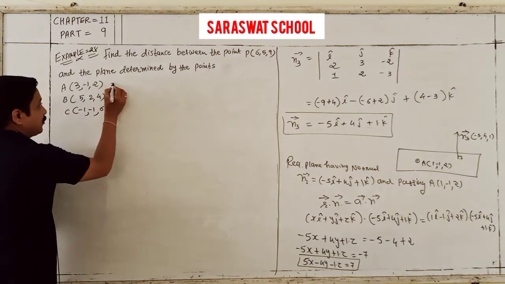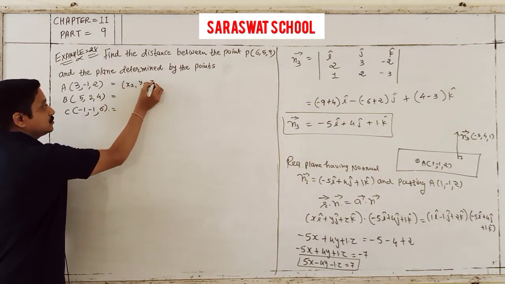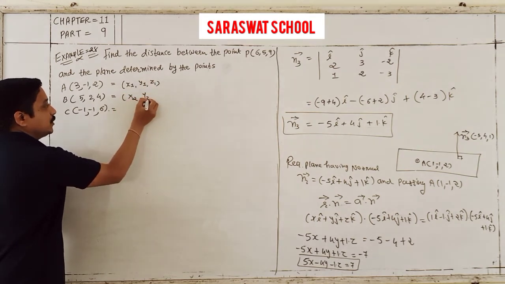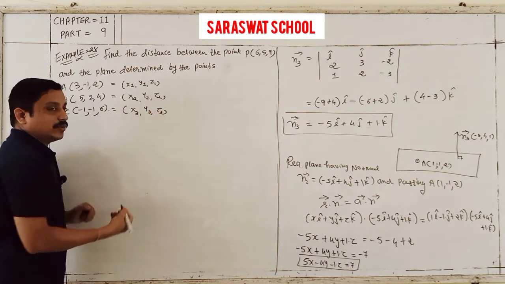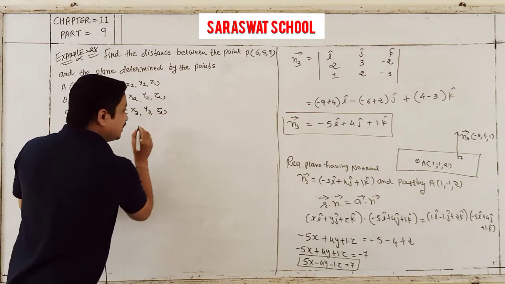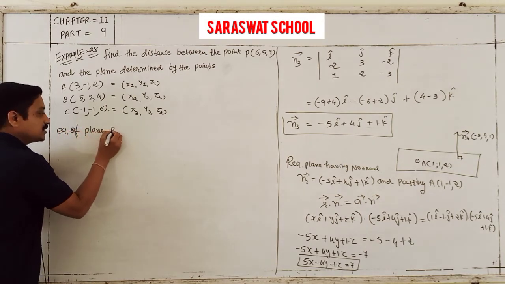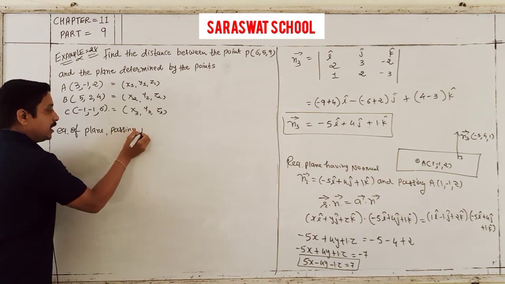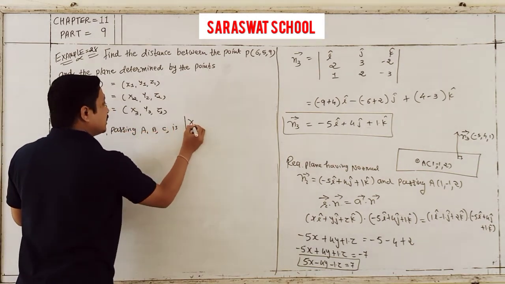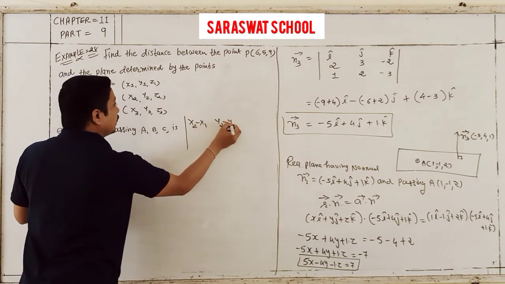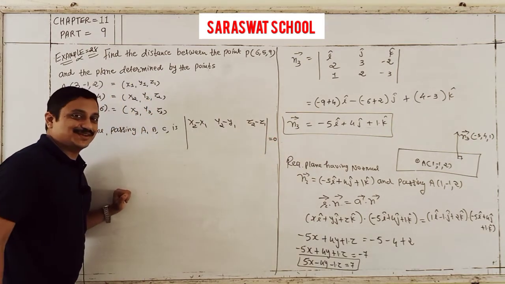So first of all, here I consider the points as x1, y1, z1, x2, y2, z2, and last x3, y3, z3. First I derive the equation of the plane passing through A, B, C. You know that formula: x minus x1, y minus y1, z minus z1 is equal to 0.